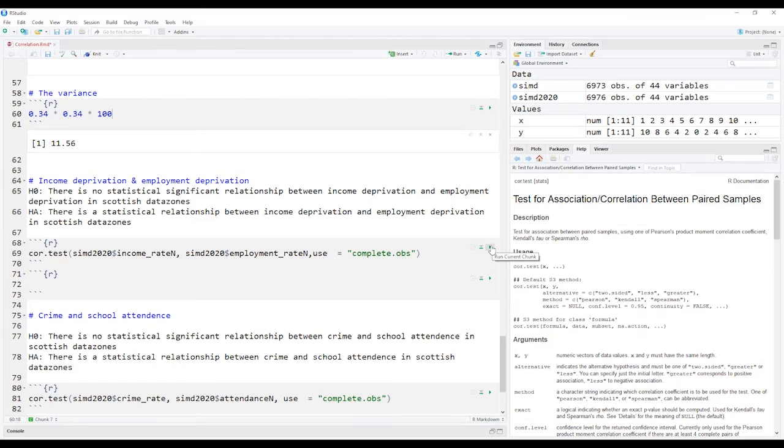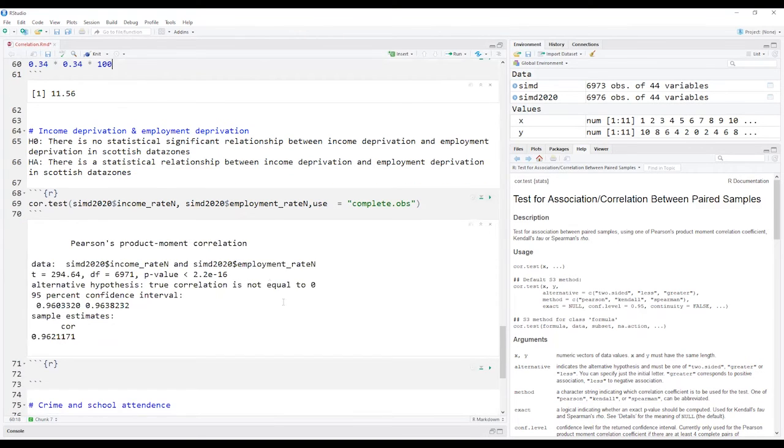Let's do another example. Let's keep the income deprivation variable and now include the employment deprivation variable. Okay, so our p-value is under 0.05. So there is a statistically significant relationship between income deprivation and employment deprivation. Our correlation figure is 0.96.